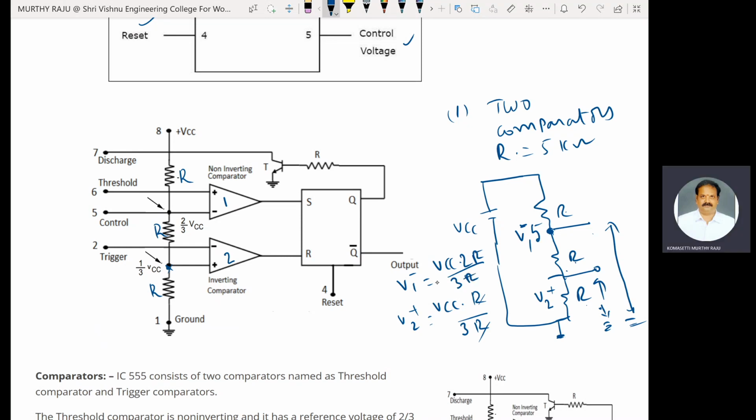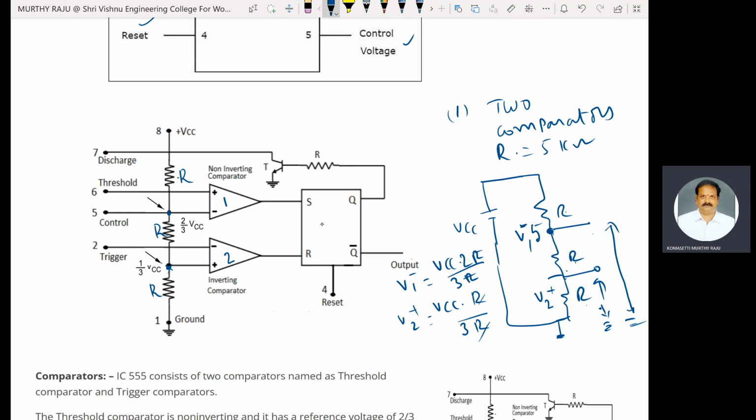R cancelled, therefore this voltage is 2 by 3 VCC. This is the inverting terminal of comparator 1. At this point, the reference voltage is 1 by 3 VCC. This is the non-inverting terminal of comparator 2. This is the description of the voltage divider circuit.